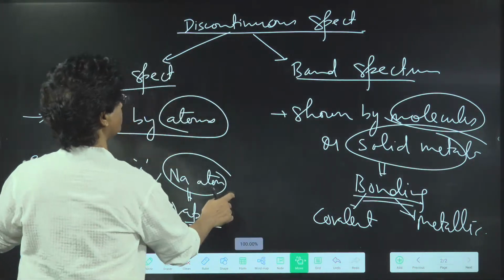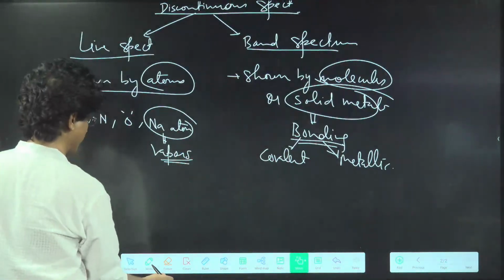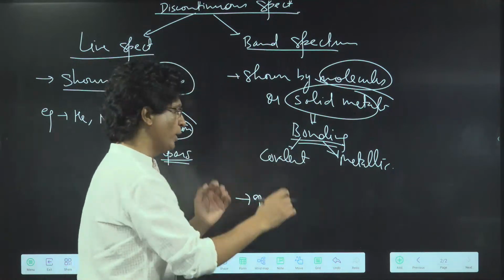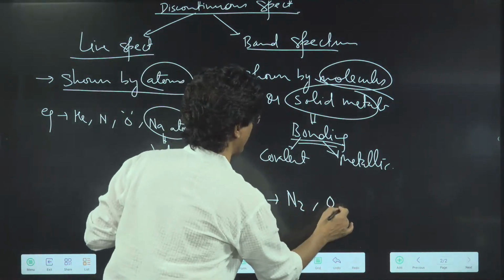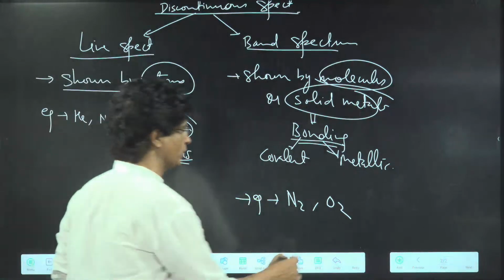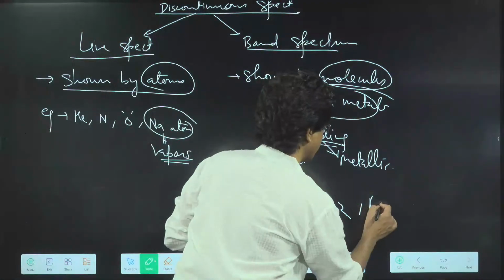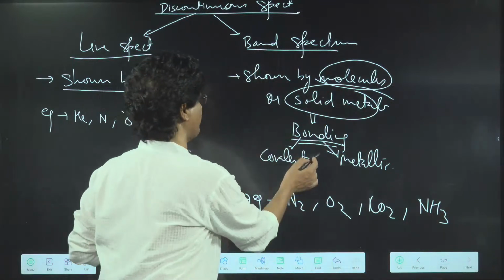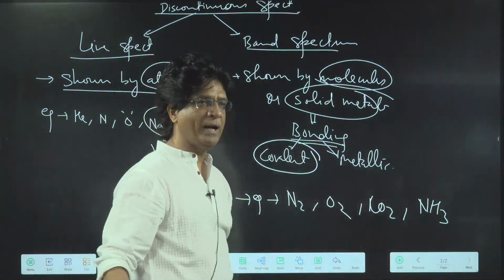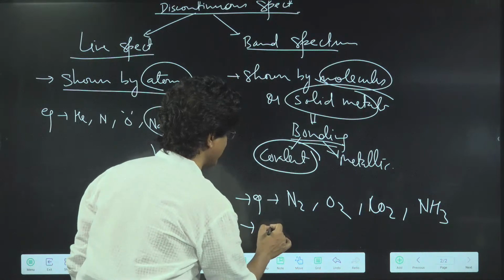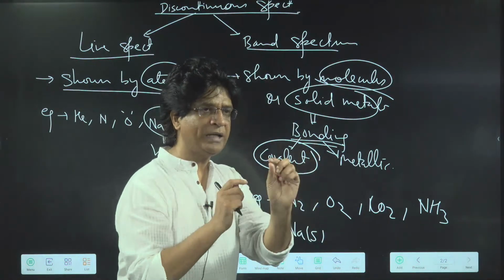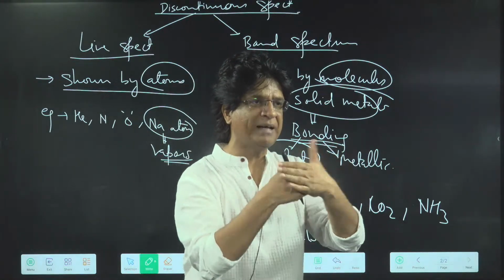But if I'm looking for the band spectrum, remember that examples will be any molecule. It can be N2, it can be O2. These are molecules. I can have CO2, I can have NH3, any molecule which has any kind of bonding, and here it is covalent bonding. One more example can be sodium solid. In sodium solid, we don't have individual sodium atoms. We have metallic bonding.